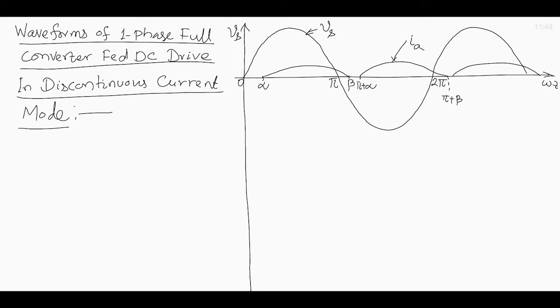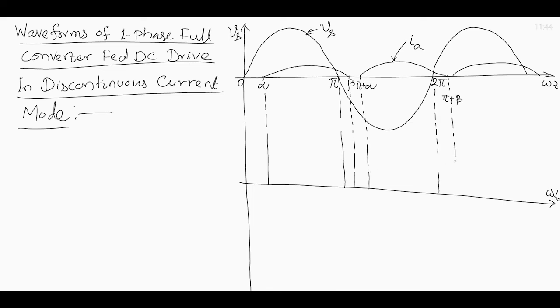Next we will draw the motor voltage waveform, that is output voltage of the converter. From alpha to beta, T1, T2 conduct. So motor is directly connected to the AC supply. So VA is same as Vs from alpha to beta.